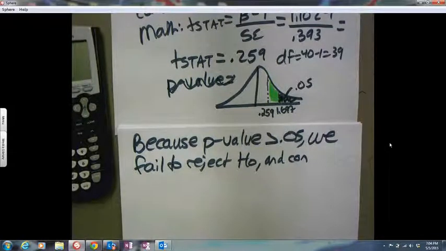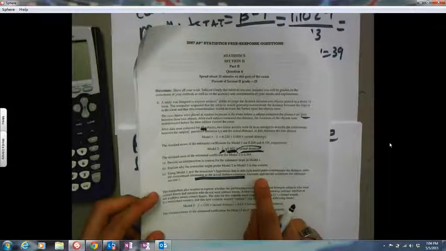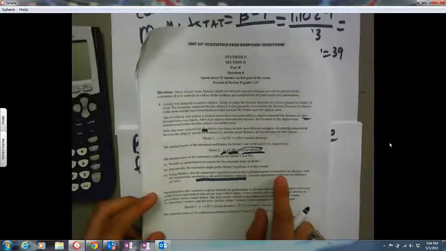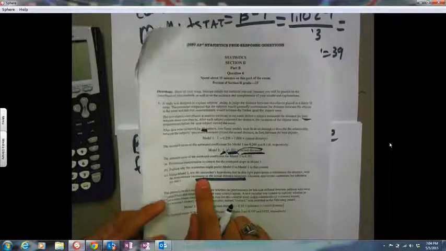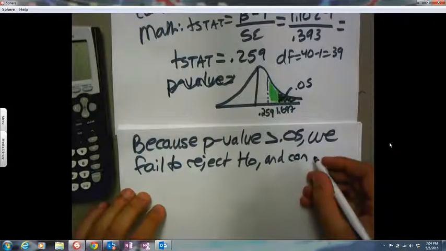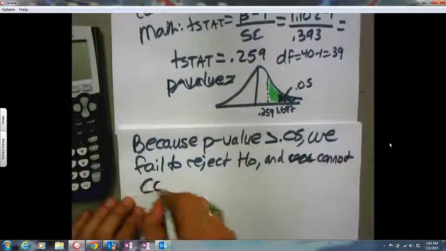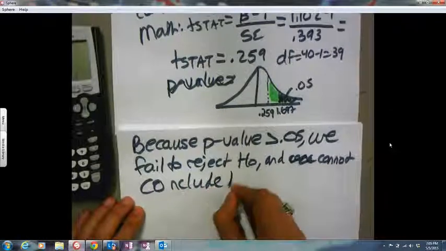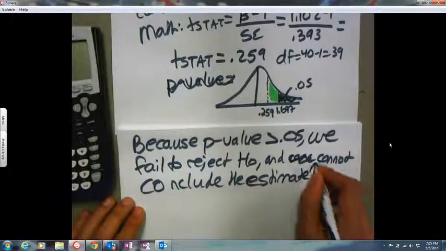We conclude that the overestimate does not increase as the actual distance increases. And we cannot conclude the estimate increases as distance increases.